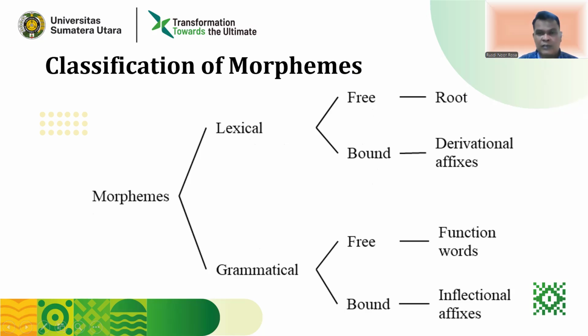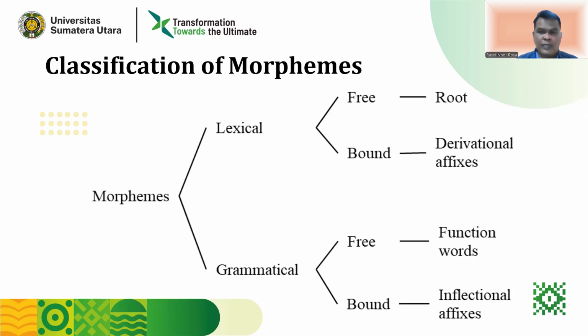Now the question is, what is the difference between lexical morphemes and grammatical morphemes? Lexical morphemes are morphemes which are used to enrich the number of vocabulary in a certain language. It means that when we are talking about lexical morphemes, we are talking about the possibility of expanding the number of words in a certain language.